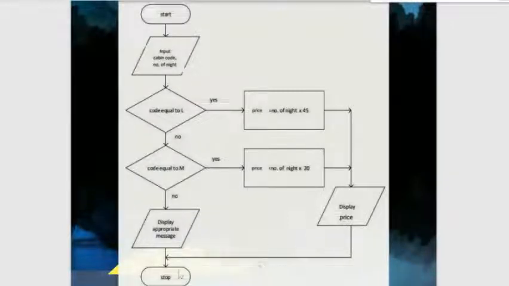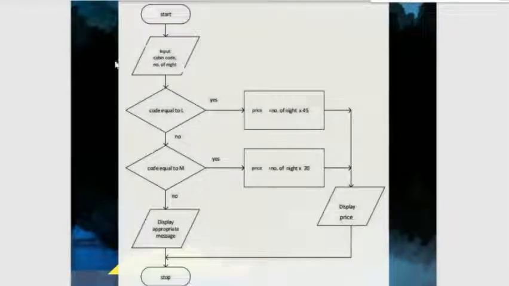Janji sebelum masuk stop. Jangan pula awak display ni, lepas tu awak masuk pula display appropriate message. Salah lah. Dah display price, display appropriate message pula. Sepatutnya dia masuk sebelum stop ataupun dia terus masuk kat stop.